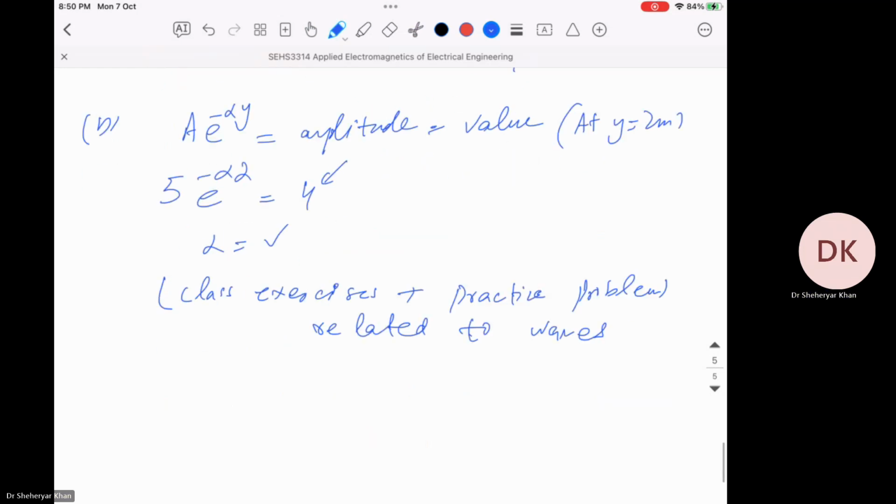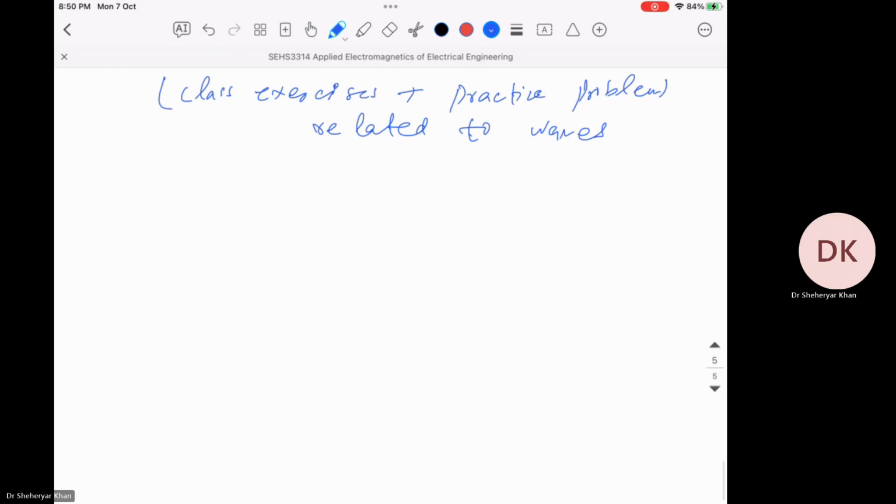Next, we have a vector field D. D is e raised to the power minus 2y sine 2x plus y cos 2x.